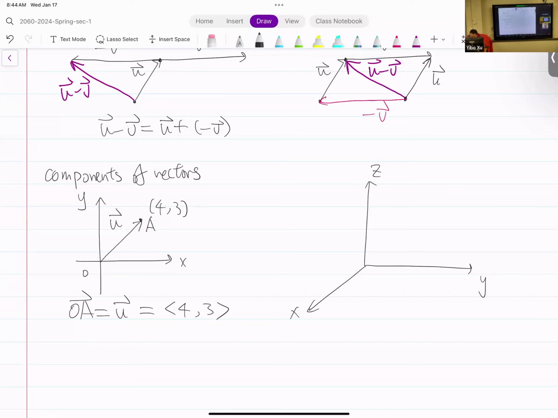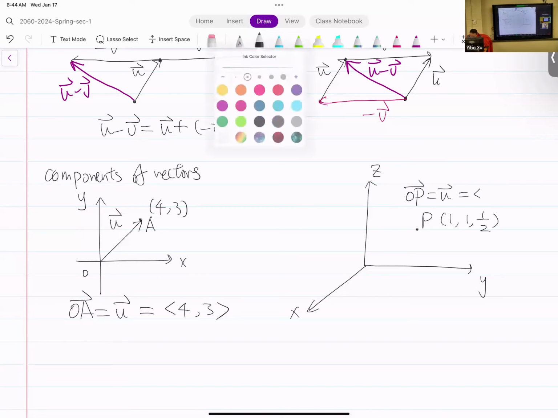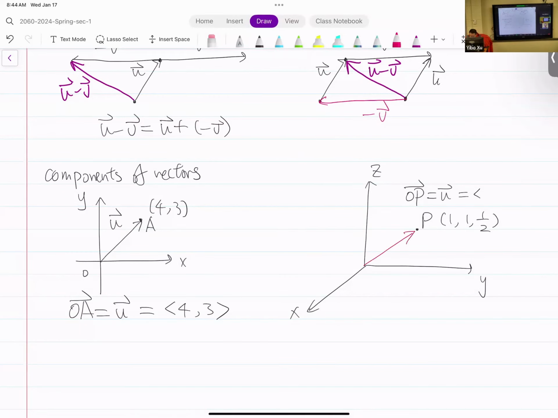So let's say our point P has the coordinates, let's just put the point here, 1, 1, one half. And then if we write the vector from the origin to that point, that's once again, in angle brackets, 1, 1, 1/2.